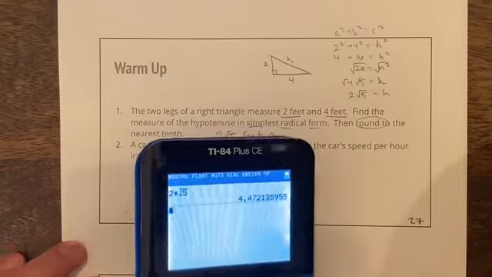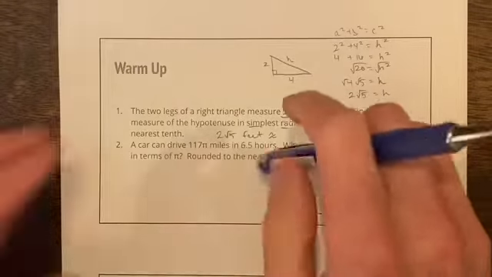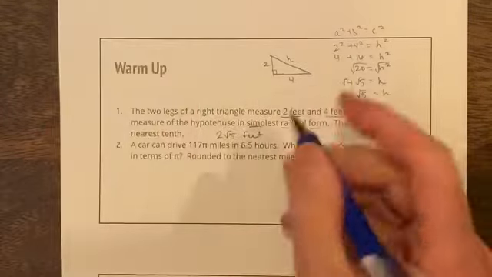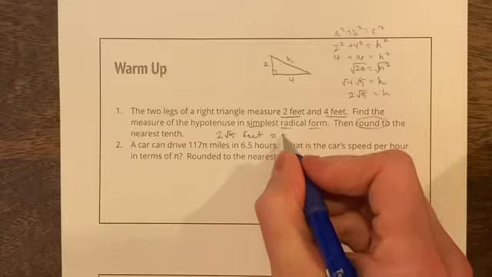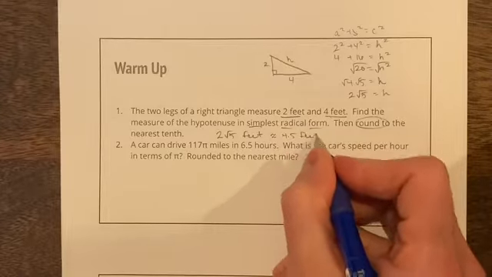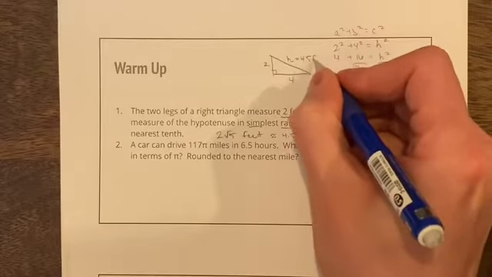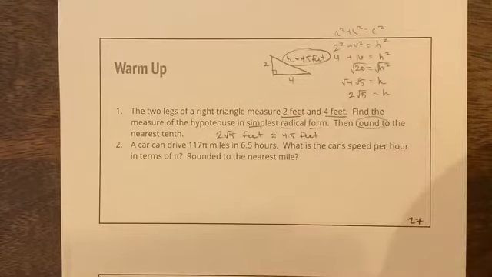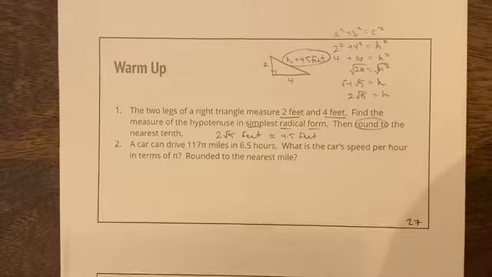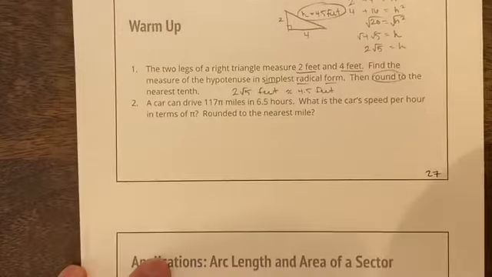To the nearest tenth, that would be 4.5. So this equals approximately 4.5 feet. Right, so I'm going to label that up here as well, 4.5 feet. That's my hypotenuse. Probably shouldn't have used h because usually that represents height. So probably use c in the future.